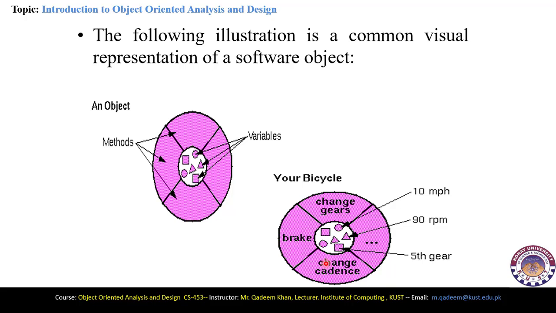So change cadence here means changing the speed of the bicycle through performing certain pedaling. So by changing cadence, the rider can improve the speed of the bicycle when he or she wants to improve the pedaling.